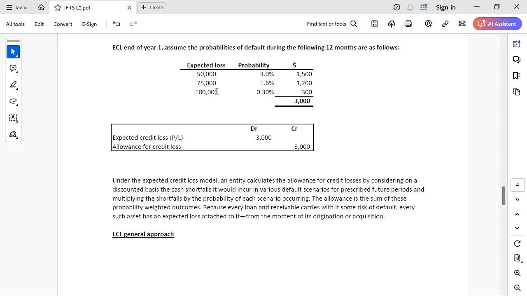That's 3%. 75,000 not paid back is 1.6%. The full 100,000 not paid back is 0.3%. So what happens here? Multiply each expected loss by its probability, which gives us an amount. The sum of all of these amounts is our expected credit loss.